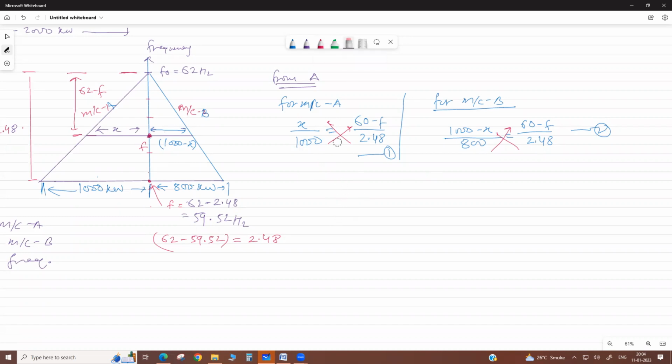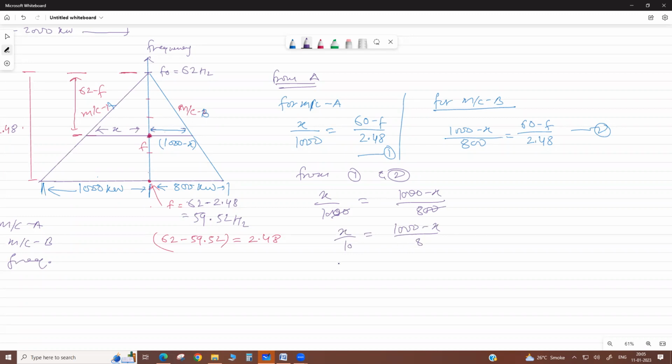Okay, but here it is more simple. Here both are equal now. So we can write from equation 1 and 2, X by 1000 equals to 1000 minus X by 800. So here 100 cancels. X by 10 equals to 1000 minus X by 8.